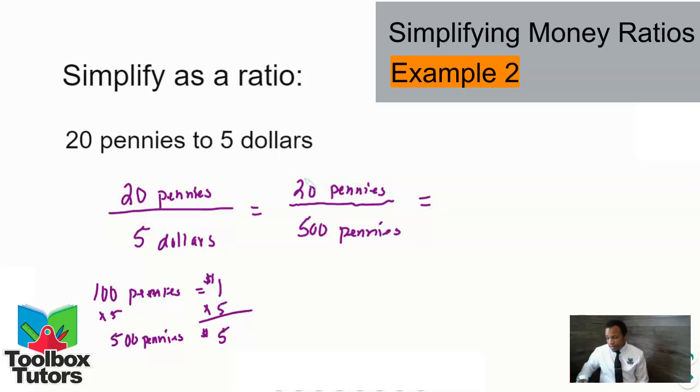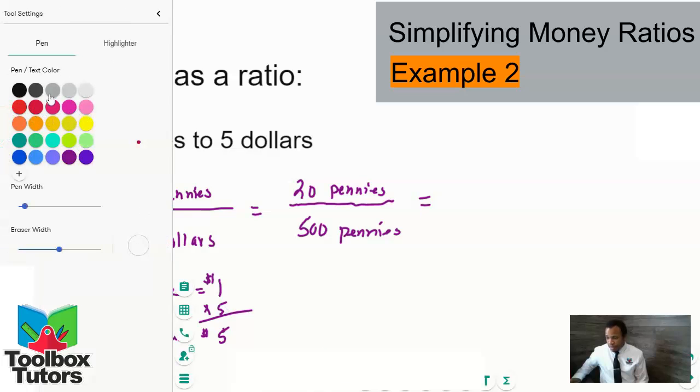So from here, we want to find a number that can go evenly into 20 and 500. What can we divide both of these numbers by? 20 is actually the biggest number we could use, but let's just say you didn't know 20 could go into 20 and 500. Let's say you know 5 can go into 20 and 500. We'll divide both the top and the bottom by 5.